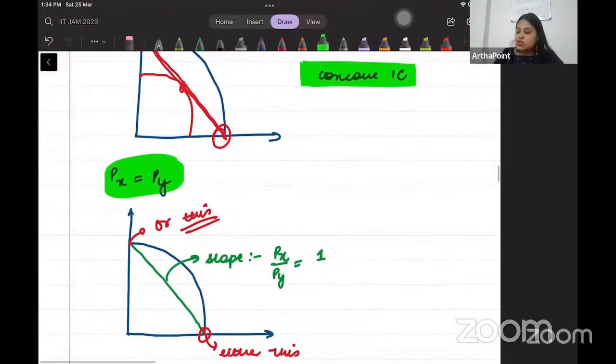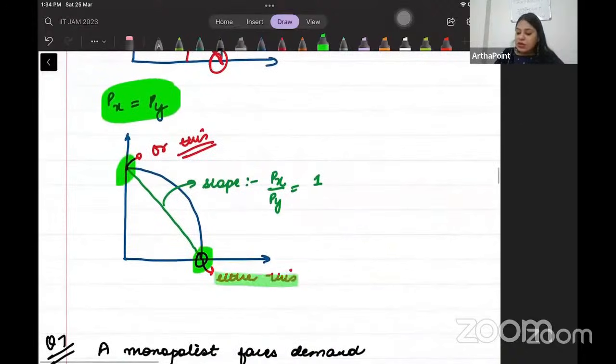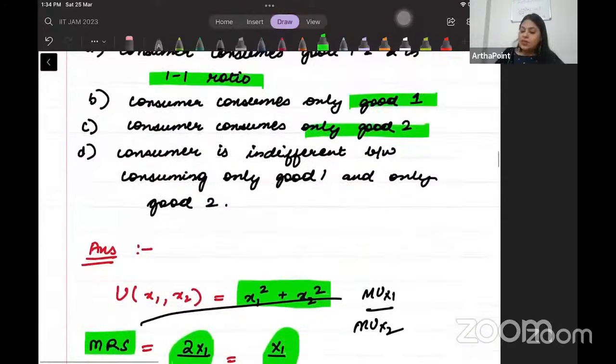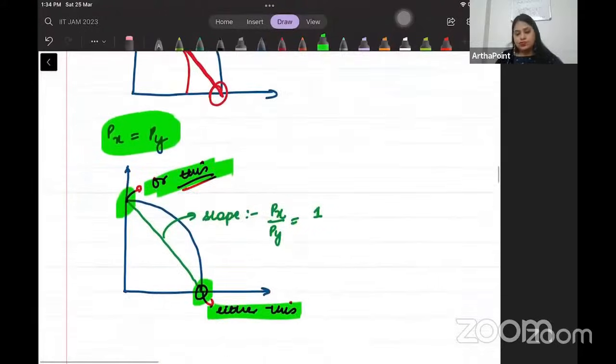I can either consume on the x-axis or y-axis, but I can't consume both, right? So I will either be consuming good x or good y. So the answer to this question is: consumer is indifferent between good 1 and good 2.